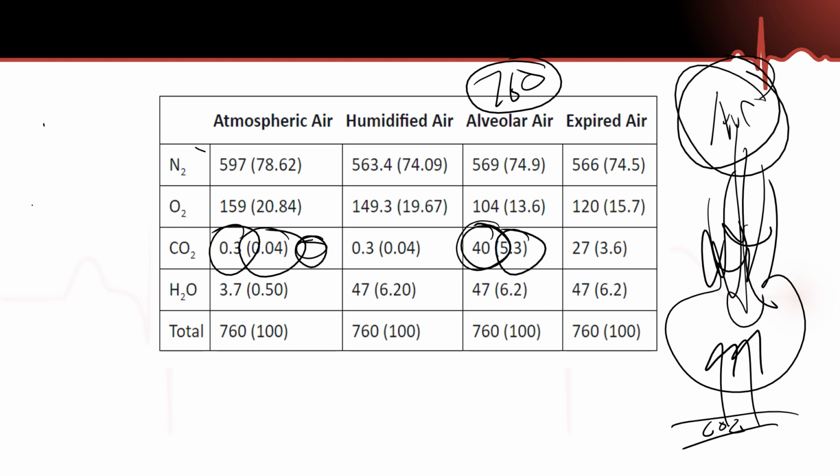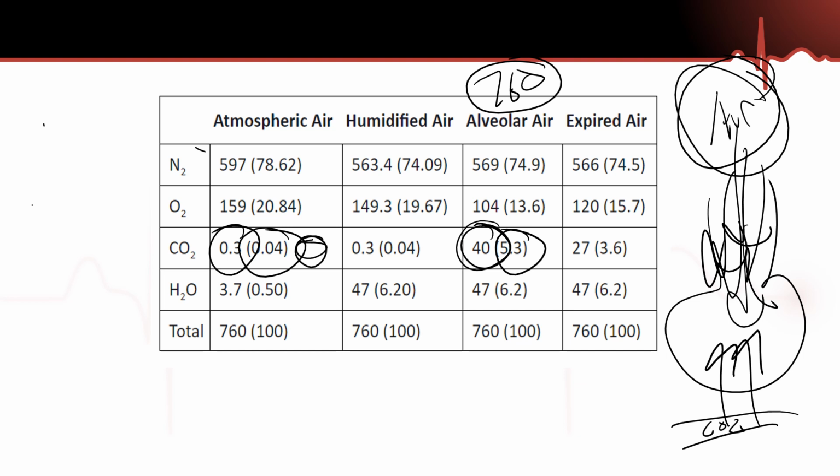This is a long-winded way of telling you that as air moves from the atmosphere into your lungs, lots of water in the form of a gas, water vapor, and carbon dioxide moves into the air. By the time you're in the alveoli, the air is made up of about 6% water vapor and about 5% CO2.